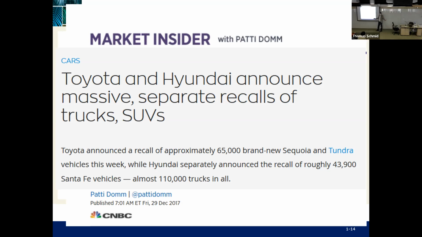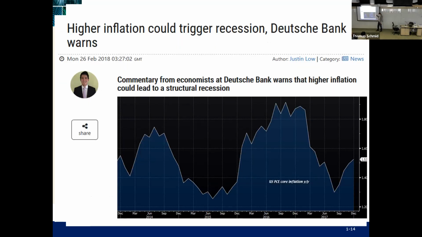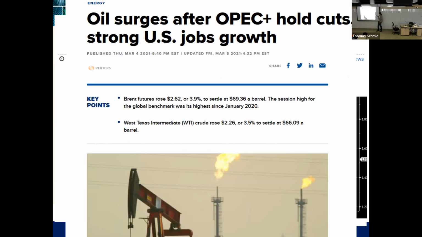Obviously, firm, right? Then something like inflation. Inflation, obviously market. I mean, we saw that a lot in the past year. That affects all firms at the same time. Even something like oil prices could be a market-wide risk because very many firms depend on oil prices, or that moves the market quite a bit.